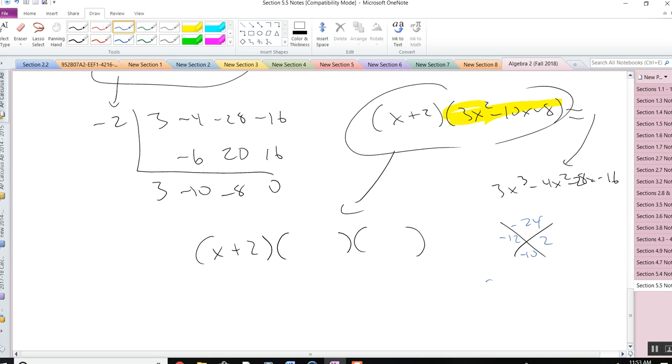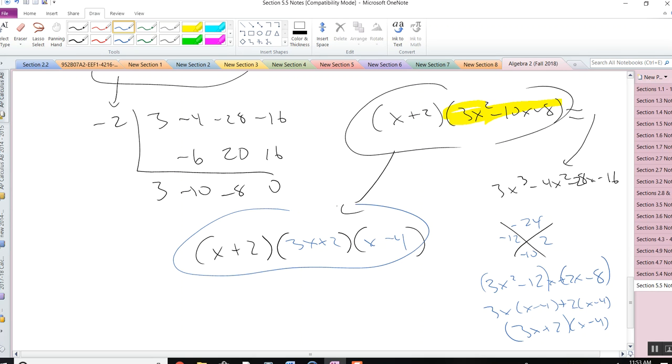But I have to write it as 3x squared minus 12x plus 2x minus 8. So the factors are x plus 2, x minus 4. And then my zeros will be all these points here.